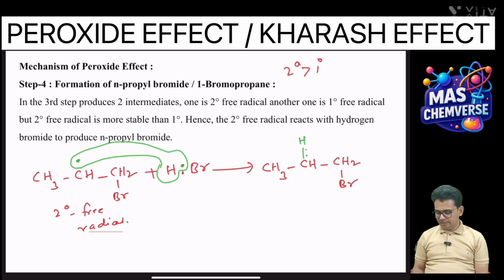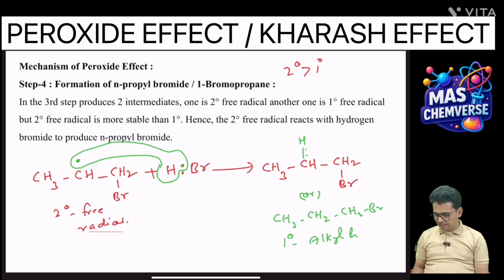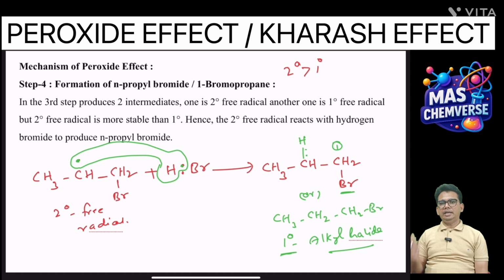That's why, see here, CH3 CH2 CH2 Br, you can write like this also. What is going to be formed? Primary alkyl halide. Why primary alkyl halide? Bromine is present on the first carbon. That's why it is called the primary alkyl halide. Okay. This is opposite to Markovnikov's rule. Exactly opposite to Markovnikov's rule.